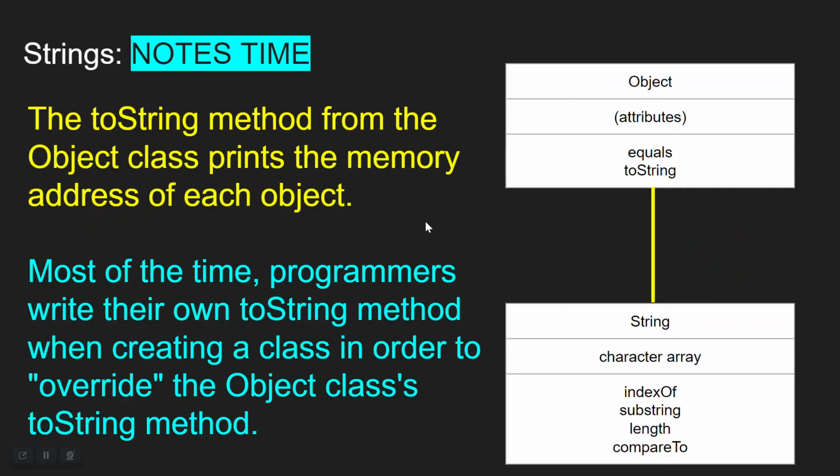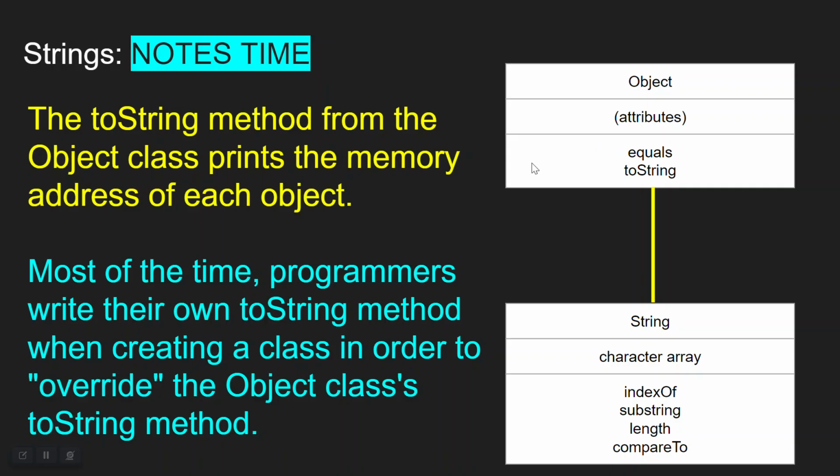But what's important to note is that the toString method from the Object class doesn't do what we normally think it does. We're used to the toString method printing out the values of the instance variables. And that's not what the toString method from the Object class does. It actually prints the memory address of each object.